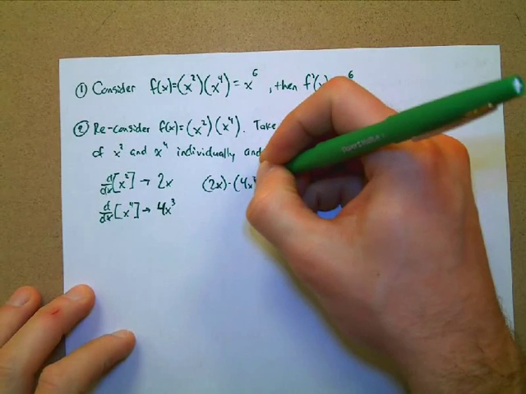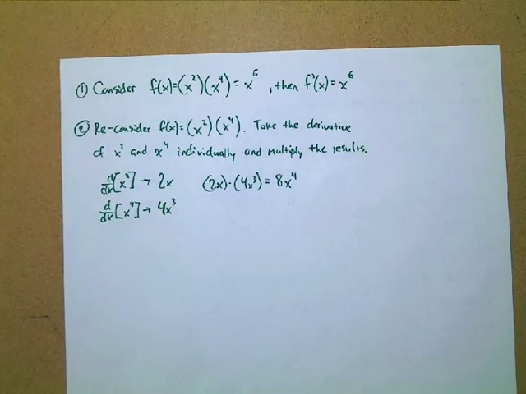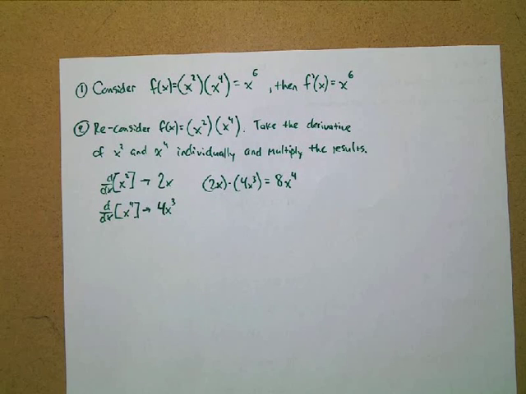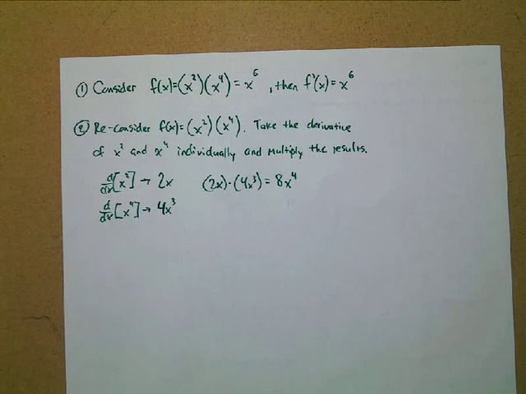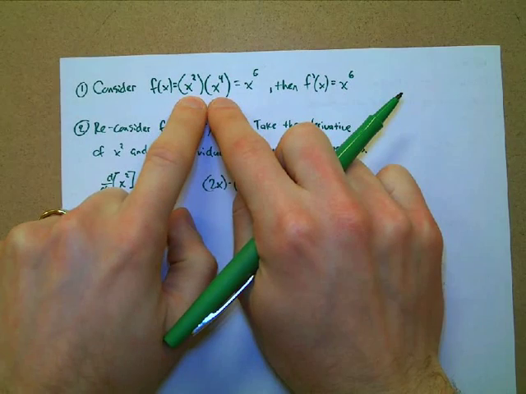All right. Is 8x to the fourth the same thing as x to the sixth? No, it's not. This is just to give you an example to show that when we have two functions with x in them being multiplied together, like x squared times x to the fourth, you cannot take the derivative of the individual pieces and then multiply them back together to get the answer.